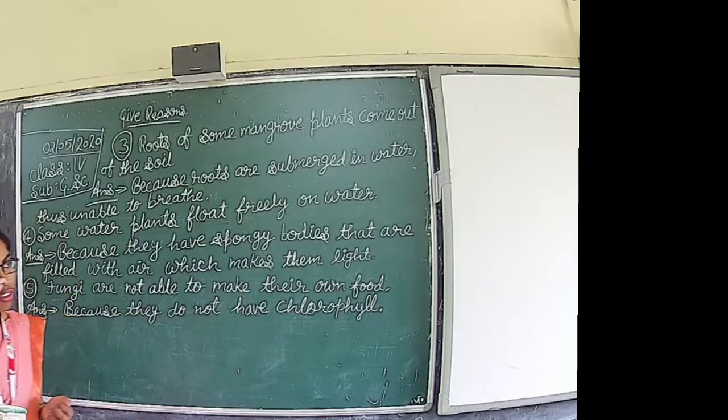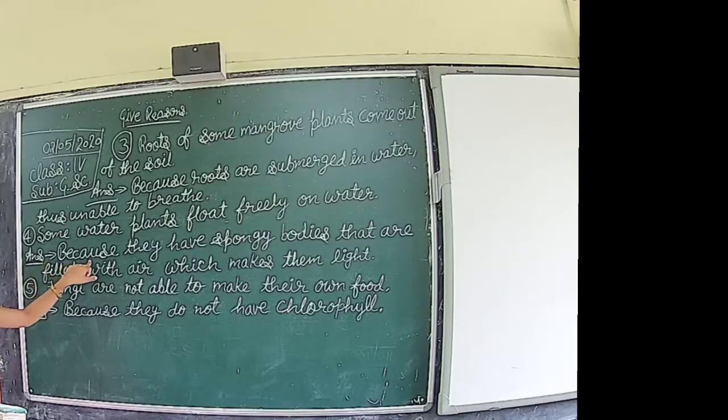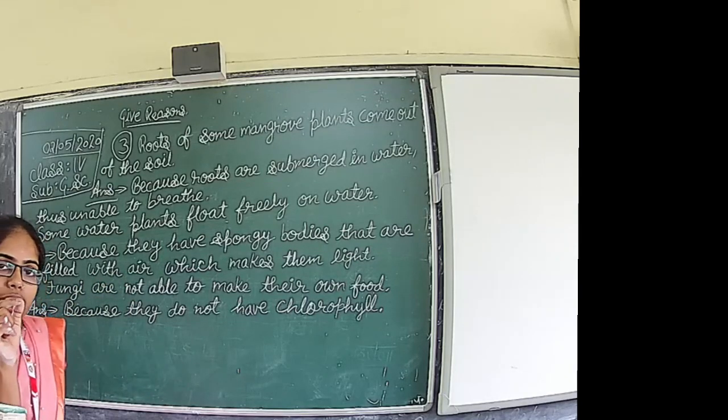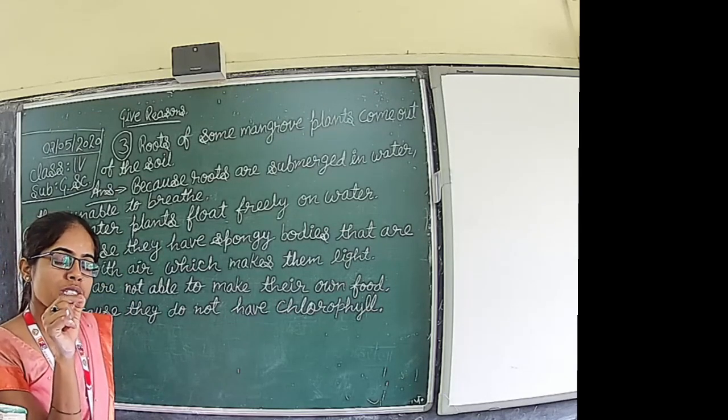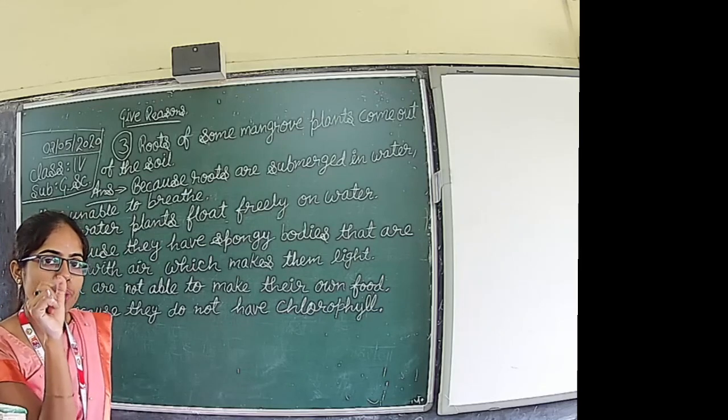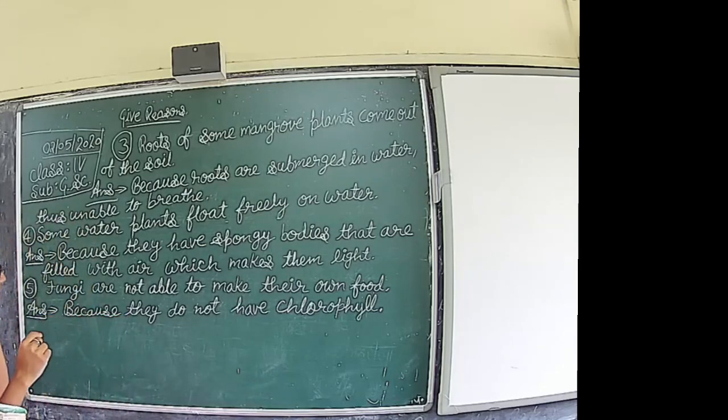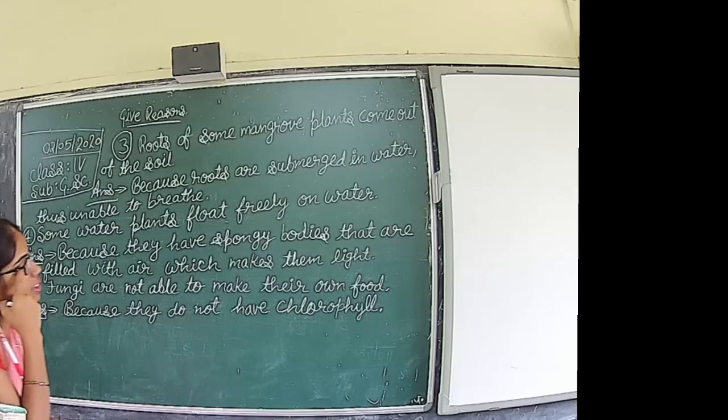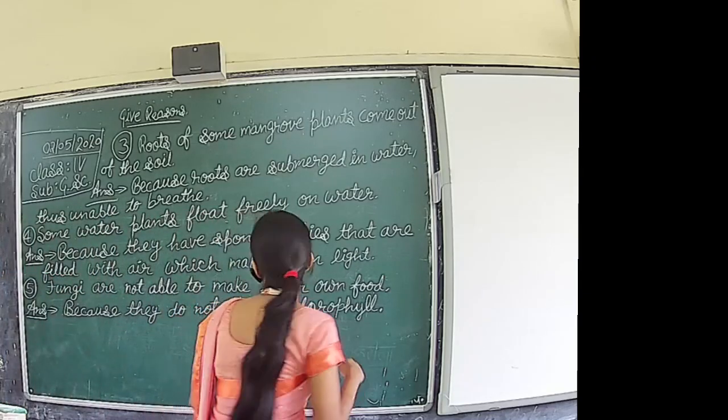What is the reason for that? The reason we will write here, please note it in your notebook: because they have spongy bodies. Spongy bodies means that these portions have small spaces in them, and these are filled with air, which makes them light.